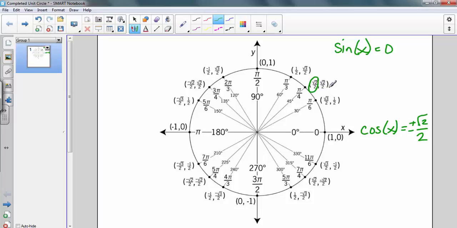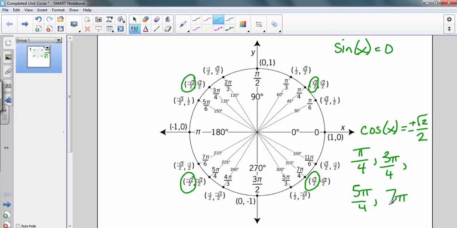So that happens at pi over 4, 3 pi over 4, 5 pi over 4, and 7 pi over 4. And then we need to find where sine of x equals 0. Sine is my y value, so that happens here and here. So I have 0 and pi.